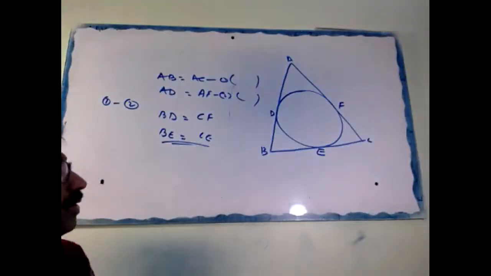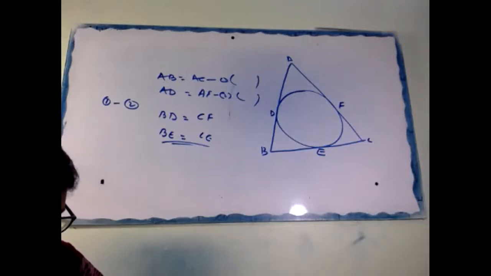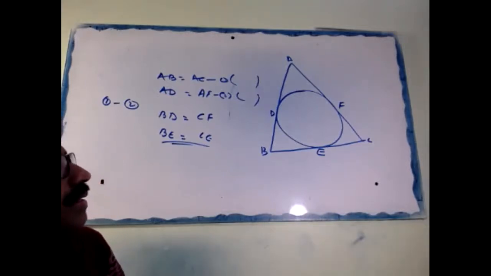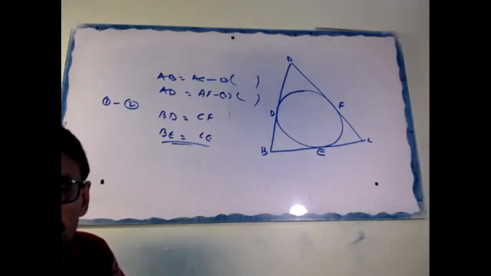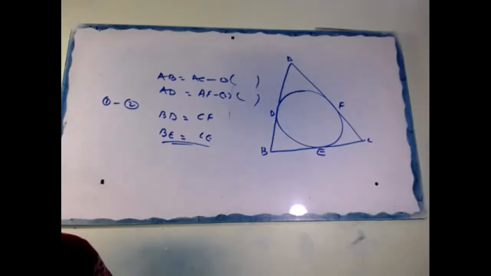Write this way. First you write AB equal to AC, given. Then AD equal to AF, tangents from an external point are equal.